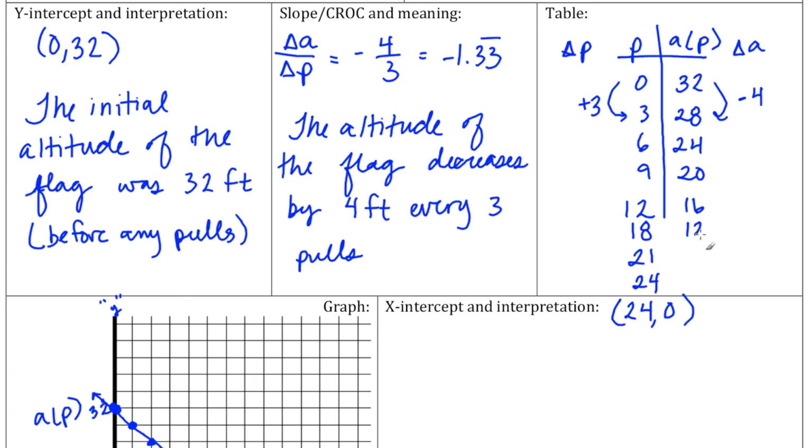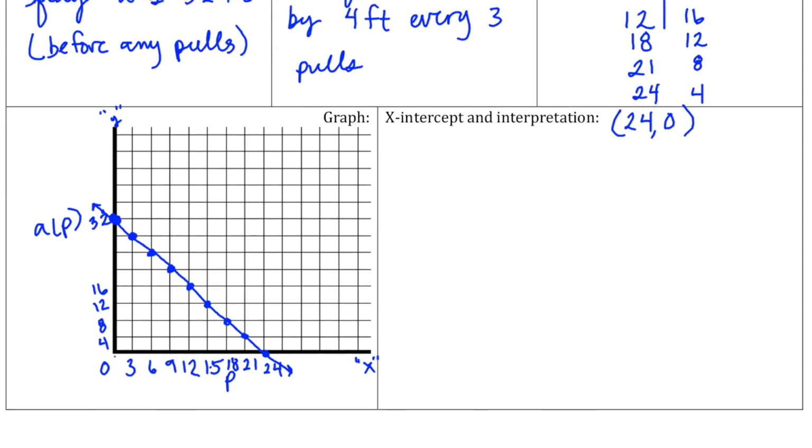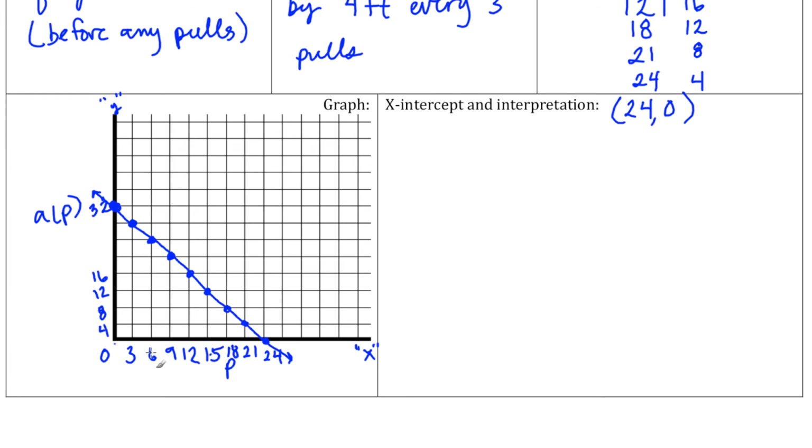So this is 12, 8, 4. Oh, something's wrong down here. So 3, 6, 9, 12, 15, 18, 21, 24, and 4, 8, 12, 16, 20, 24, 28, 32.